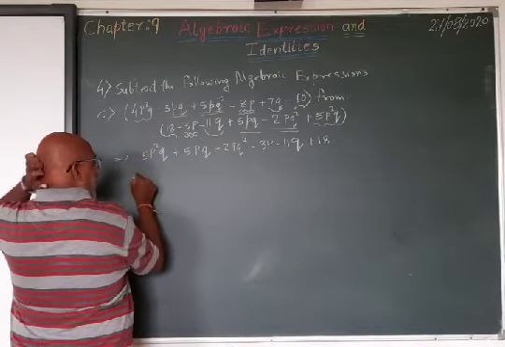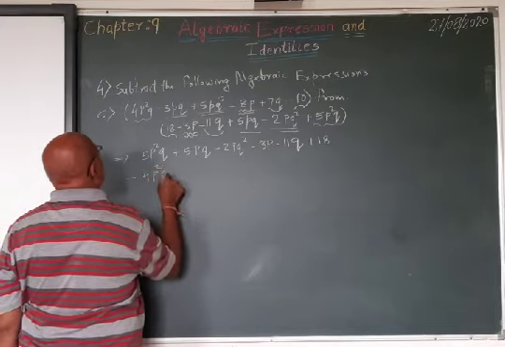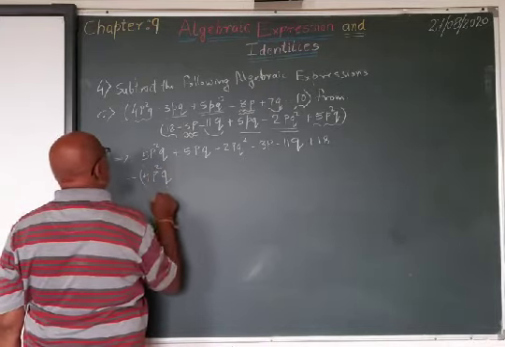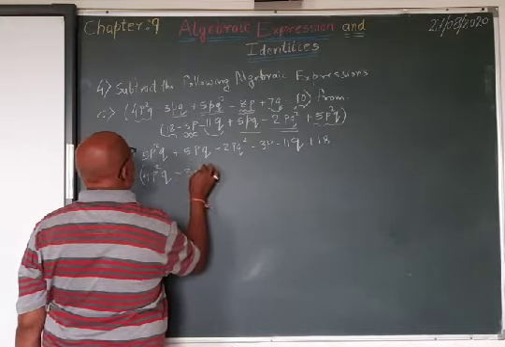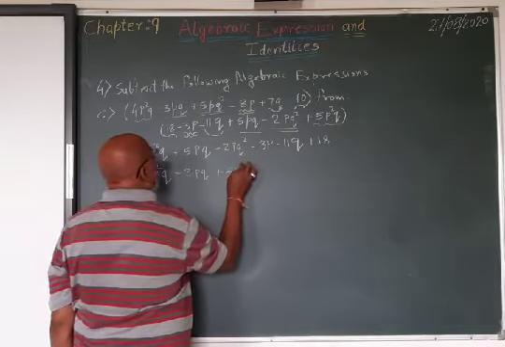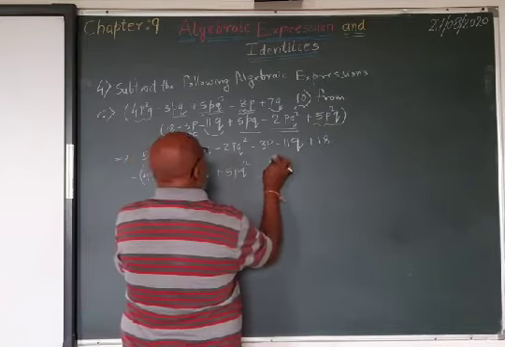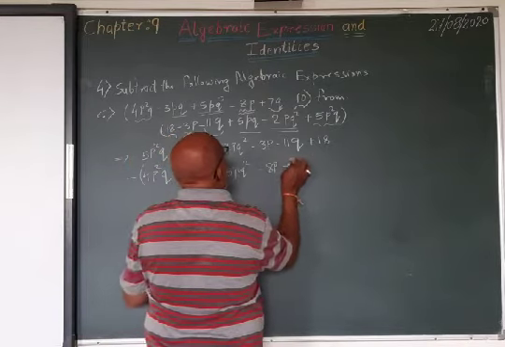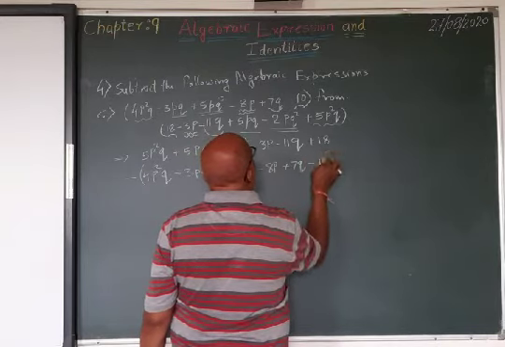Now I have written this in the standard form required to do the subtraction, and directly we can subtract 4p square q minus 3pq plus 5pq square minus 8p plus 7q minus 10.